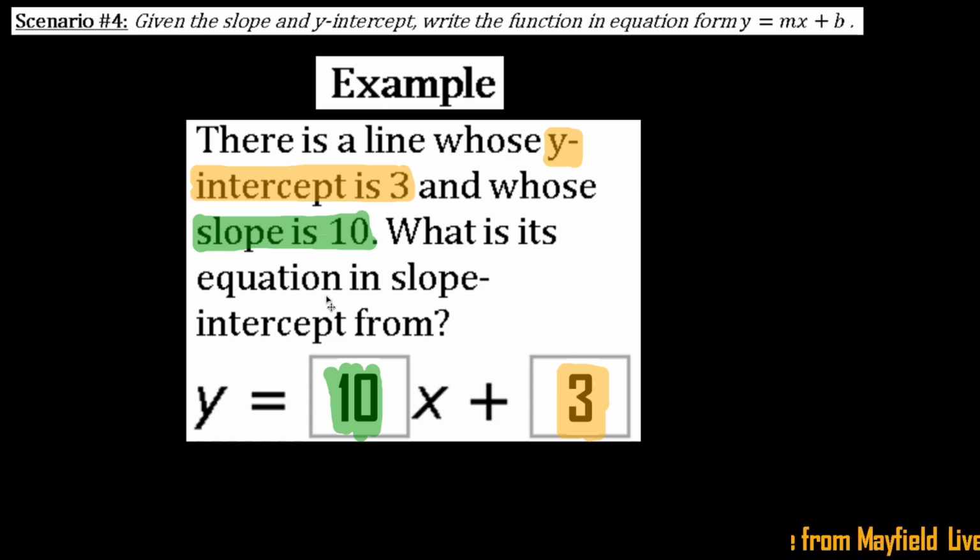What is its equation in slope-intercept form? So again, it's always going to be in that form where y equals slope times x plus the y-intercept. So I highlighted it very simply. Our slope is going to be 10 and our y-intercept is 3. So the function would be read as y equals 10x plus 3.